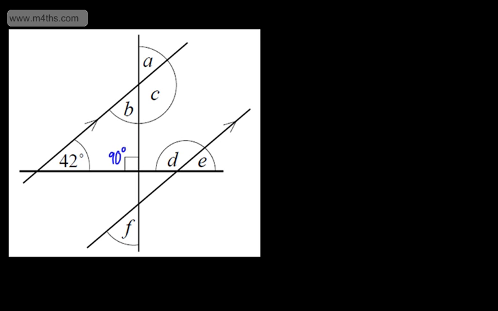So what I can say now is B. If I start with B, B will be equal to 180 minus 90 minus the 42. And you can say angles in a triangle sum to 180 degrees.